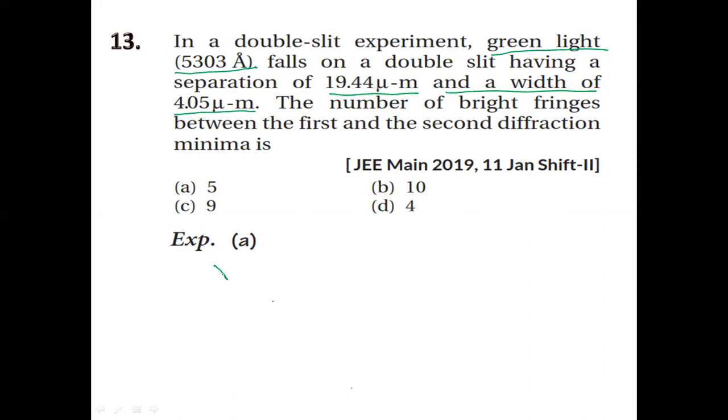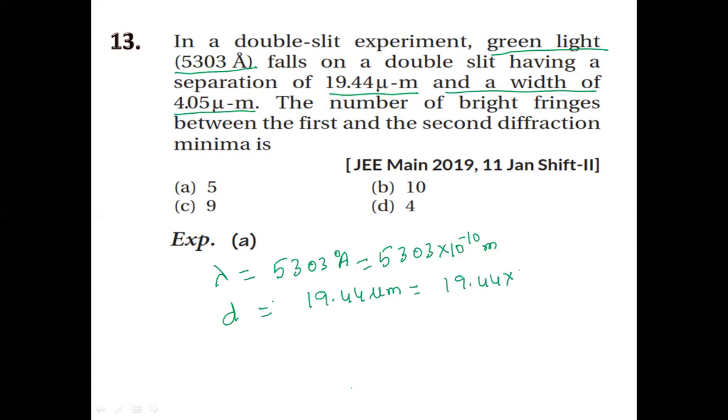So firstly, the wavelength is given as 5303 angstrom. That is nothing but 5303 into 10 power minus 10 meters. And the distance between the slits, that is slit separation, is 19.44 micrometers, that is 19.44 into 10 power minus 6 meters.